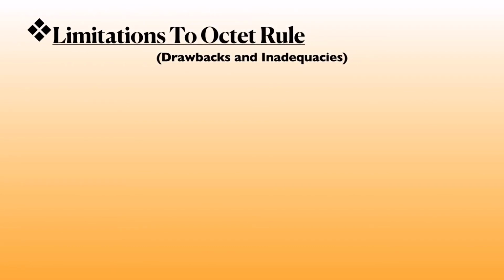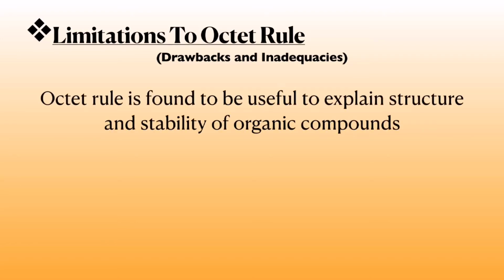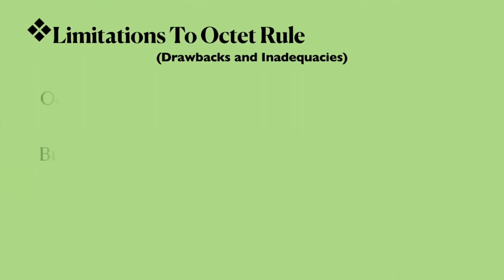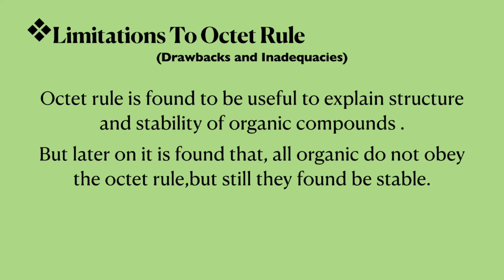Now let us consider the limitations of the octet rule, that is, the drawbacks or inadequacies of the octet rule. The octet rule is useful to explain the structure and the stability of organic compounds. But later on it was found that not all organic compounds obey the octet rule, but still they are found to be stable.